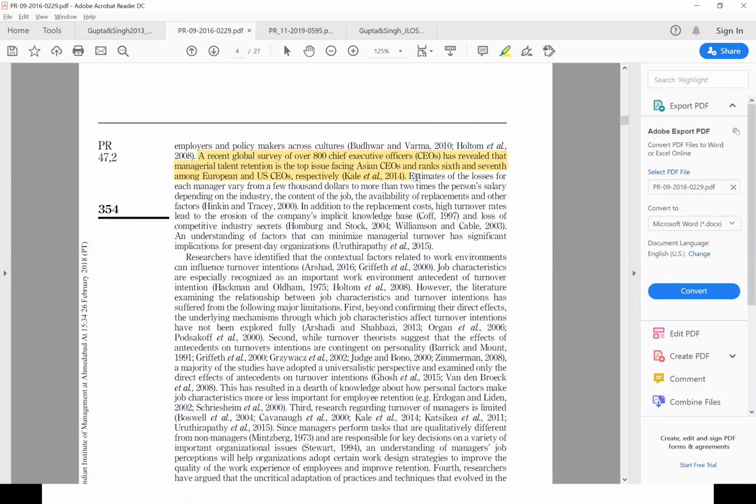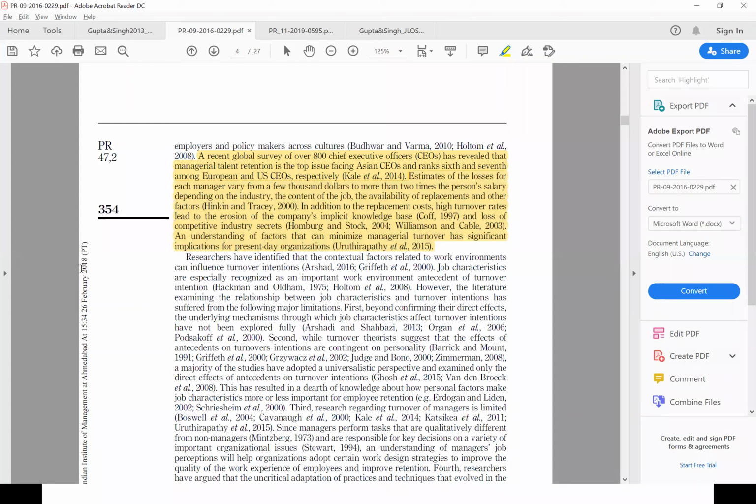Estimates of the losses for each manager vary from 1,000. In addition, the replacement cost and loss of competitive industry secrets have significant implications. An understanding of factors that can minimize managerial turnover has significant implications.